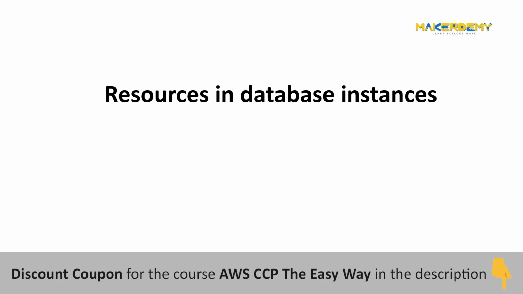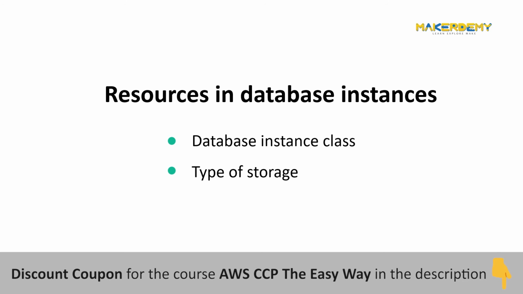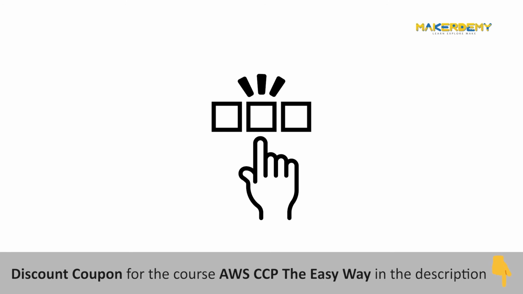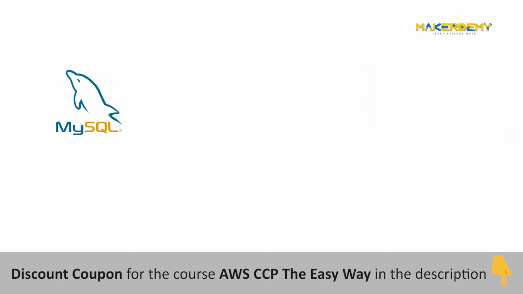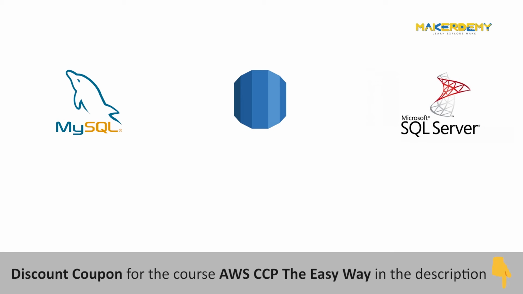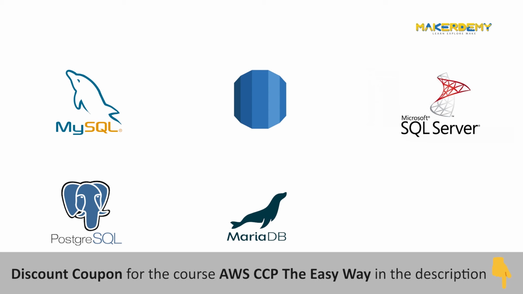Resources in database instances are determined by database instance class, type of storage, type of disks. When you choose to create a database instance, you first have to specify which database engine to run. Amazon RDS currently supports MySQL, Amazon Aurora, Microsoft SQL Server, PostgreSQL, MariaDB, Oracle.